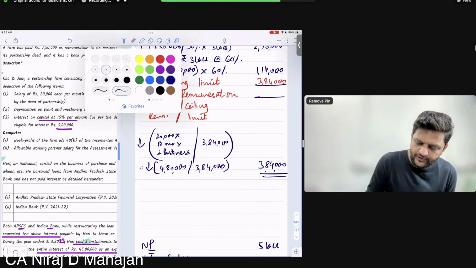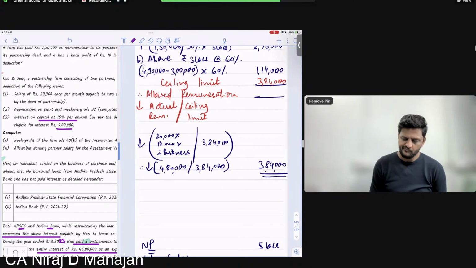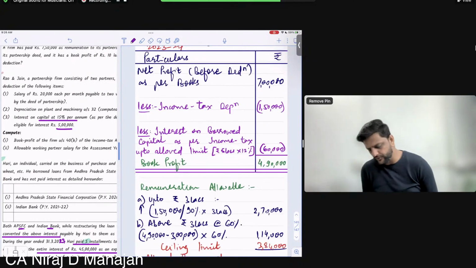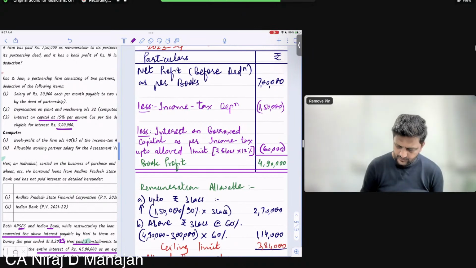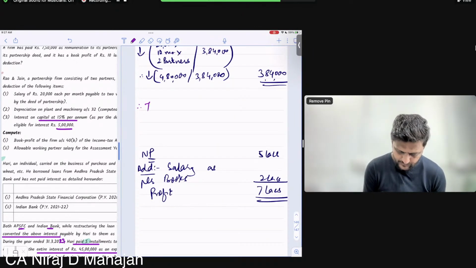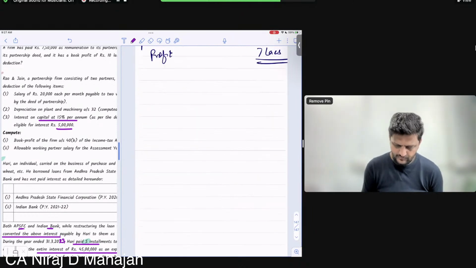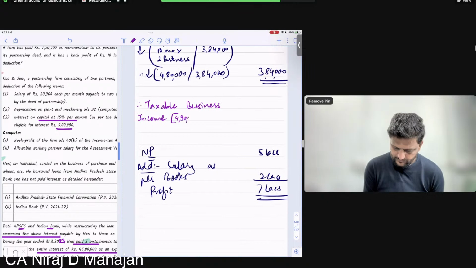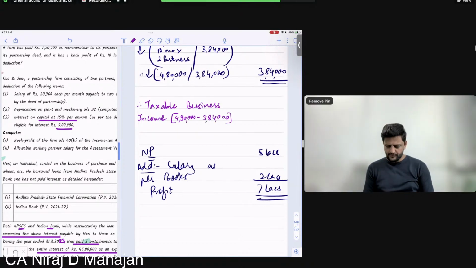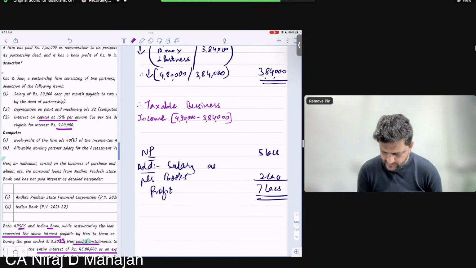Therefore, what is my business income? I'll have to find out my business income, bachcho. From the book profit you had, you have to reduce 4,90,000. You know? Therefore, taxable business income: four lakh 90. How much, bachcho? 1,06,000.